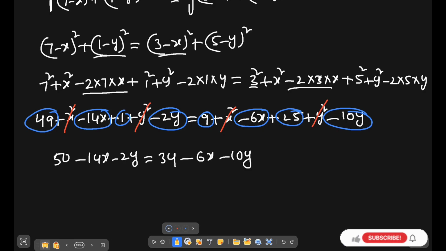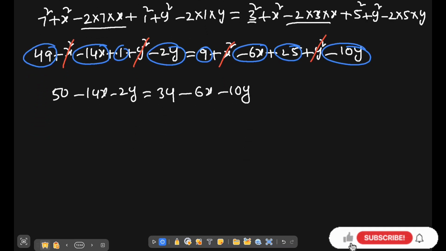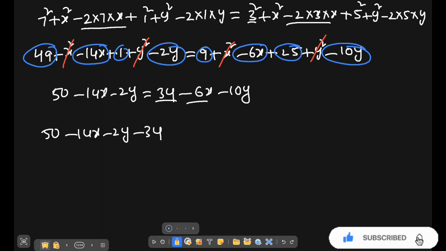Now bring all right side things to the left side. So the left side has 50 minus 14x minus 2y, and if you bring 34 to the left side it becomes minus 34. If you bring minus 6x to the left side it becomes plus 6x. If you bring minus 10y to the left side it becomes plus 10y, so the right side will have only 0.